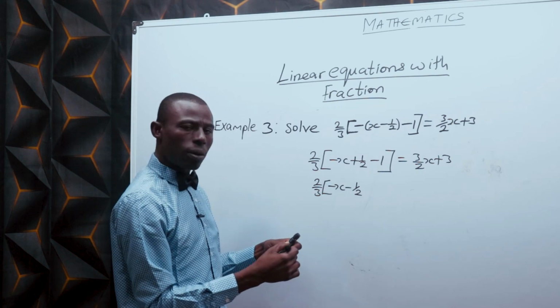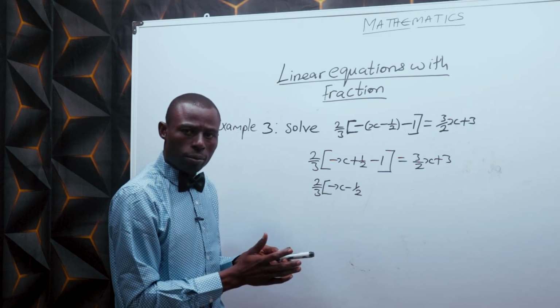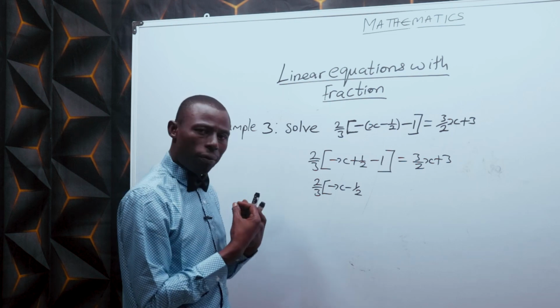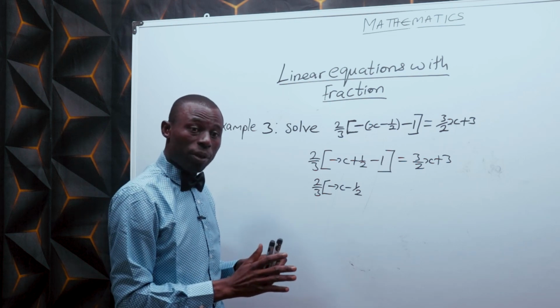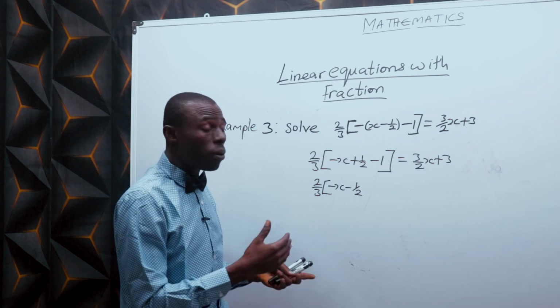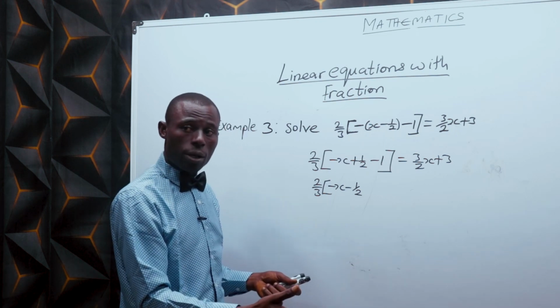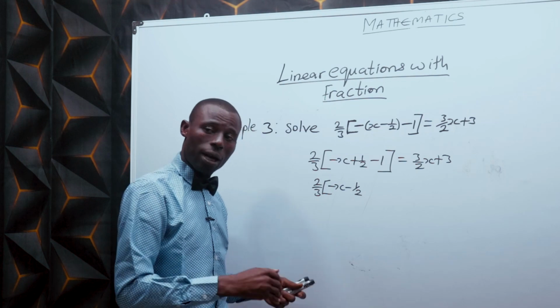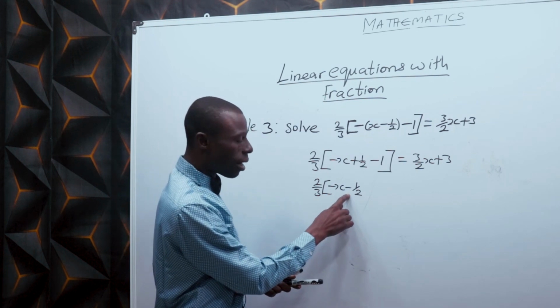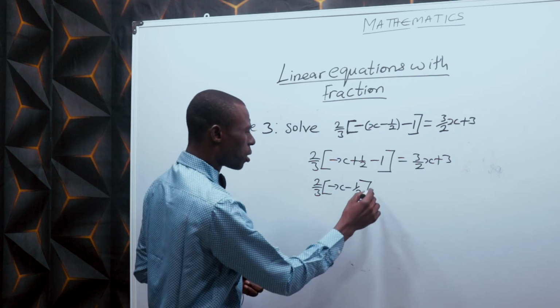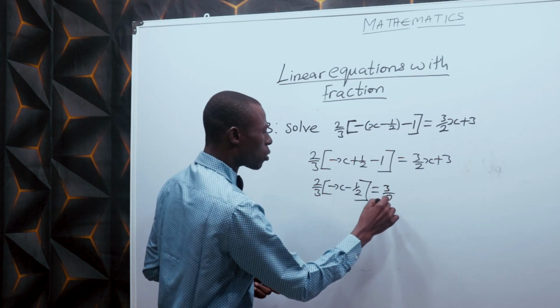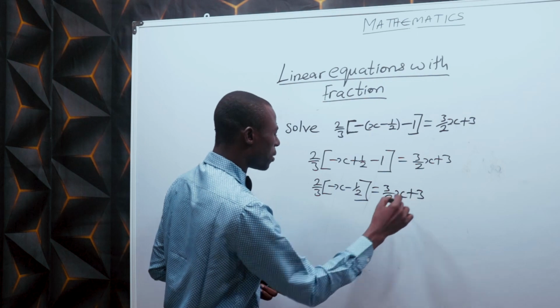You hold a whole 1, you have half as your personal belonging. That means if you are to pay your debt, you can only pay the half you have, and you are still having half as debt. That is why we have negative half. Bracket closed, equals 3 over 2x plus 3.